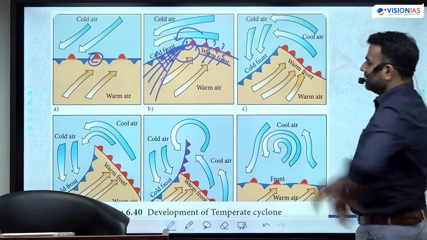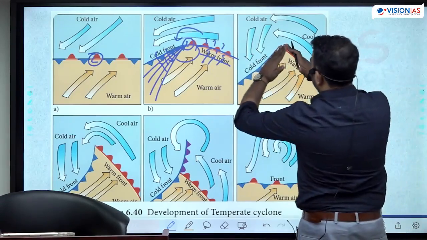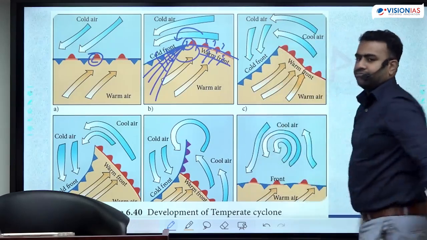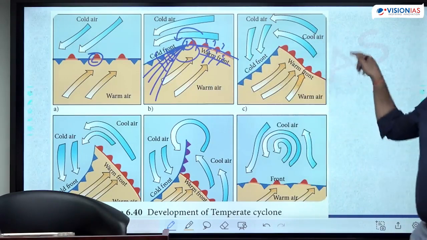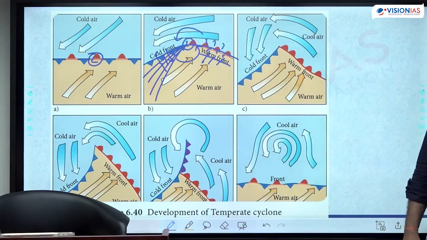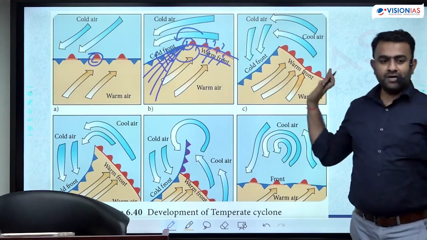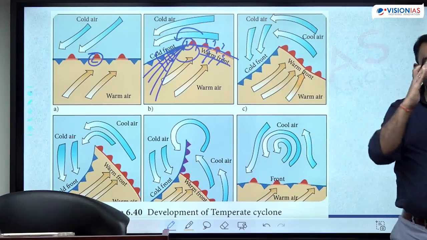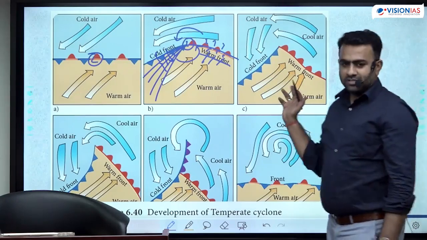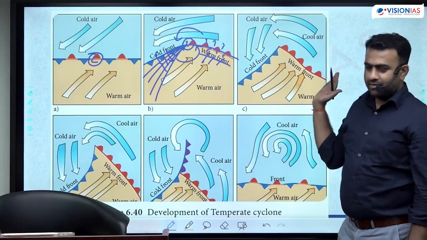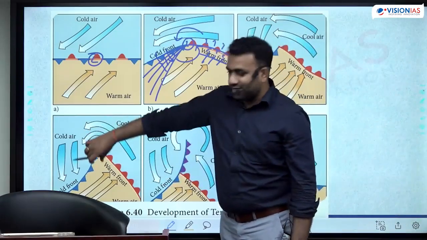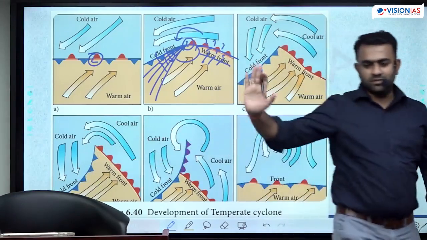Gradually what happens? The gap between the cold front and warm front is narrowing like this. Gradually from a wave front, it becomes a V-shaped front. The gap between the cold front and warm front is narrowing down. The third stage, from wave, it will turn into V-shaped. In the fourth stage, it has come very close, just before merging.